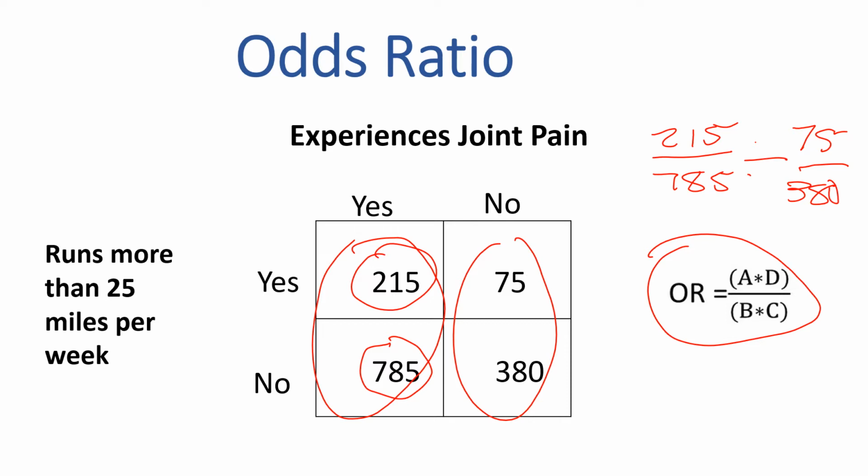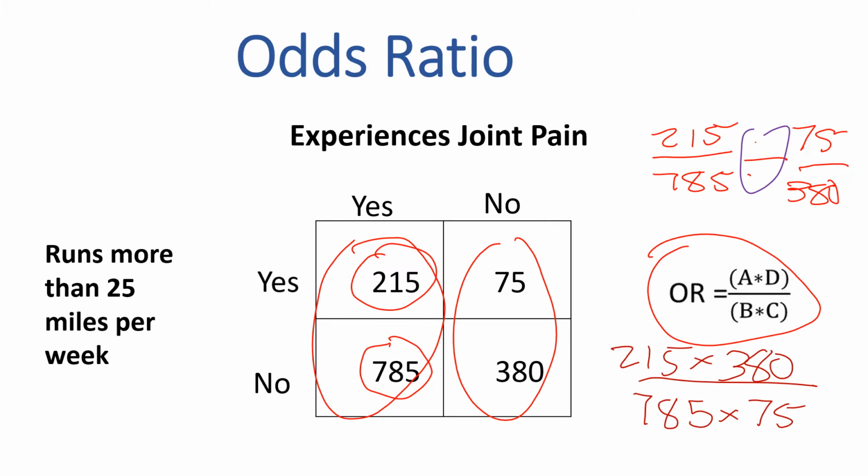And you can remember when we have this division situation right here, what we do is we flip that second thing. So we end up with an equation that is 215 times 380, divided by 785 times 75.